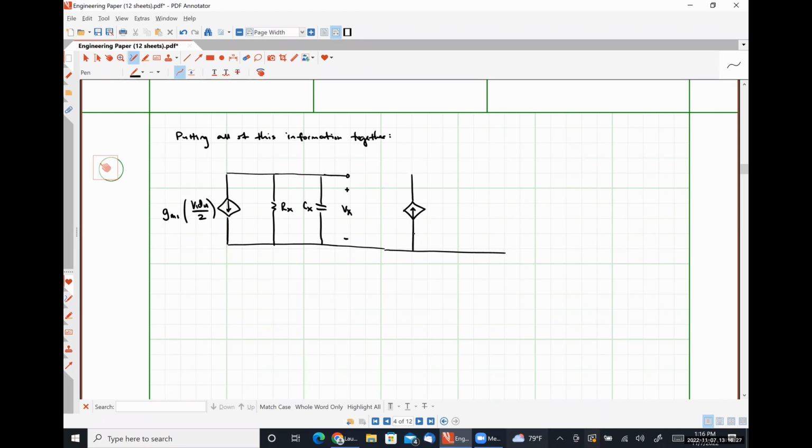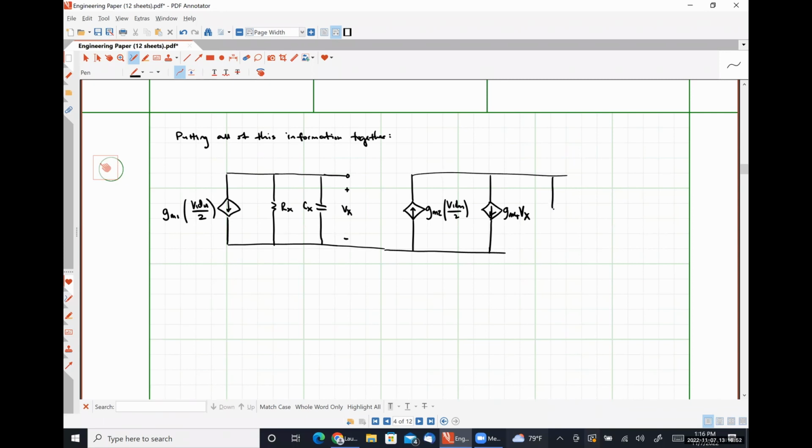Okay. I have current pointed up. That is going to be GM2 times positive VIDM over 2, in parallel with the current pointed down, which is GM4 times Vx.